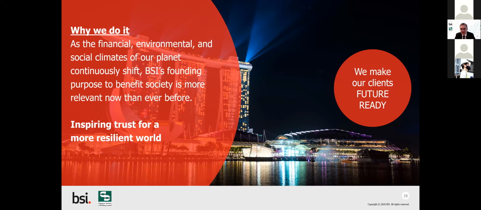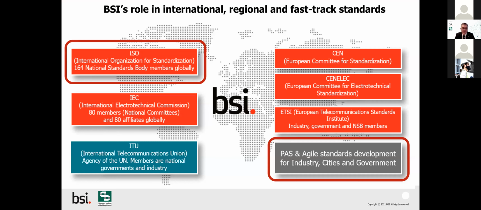And that's really to help organizations to adapt to sudden change, to help them really succeed and make them future ready. So very much our purpose is enshrined in our statement of inspiring trust for a more resilient world. And certainly over the last 18 months, 2 years, we've really been facing some challenges with the changing situation. Next slide, please.